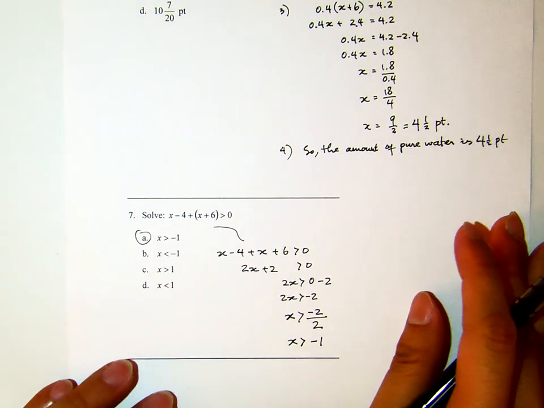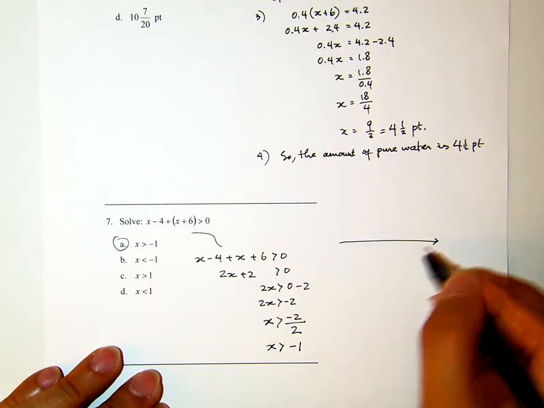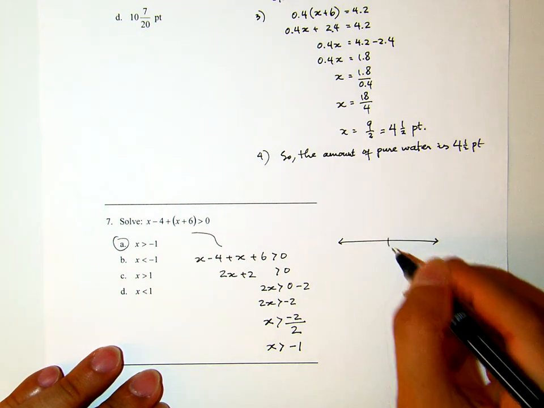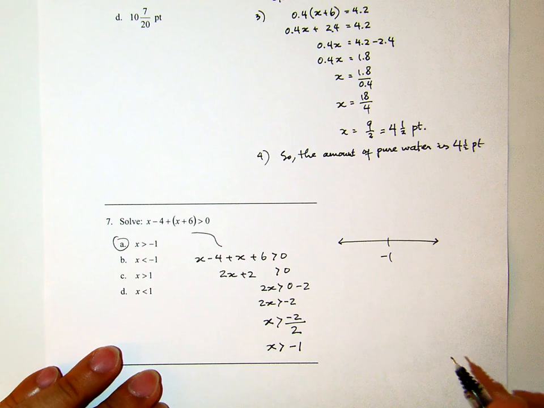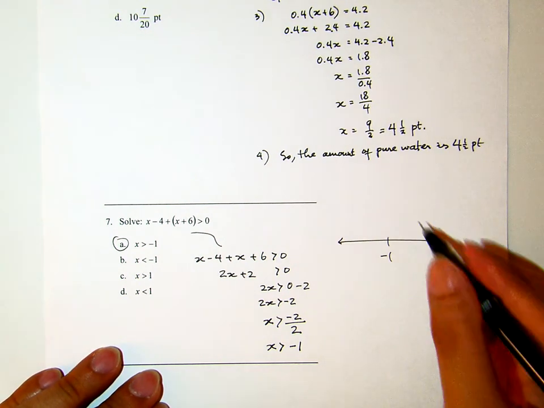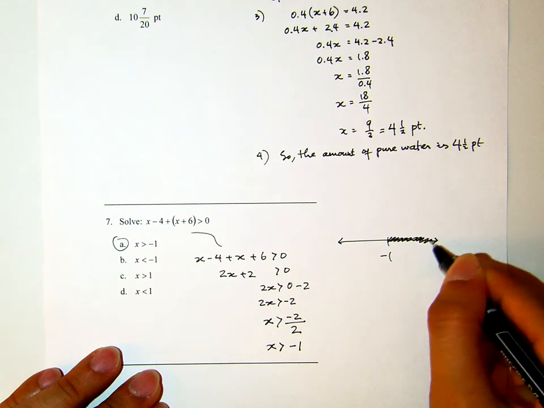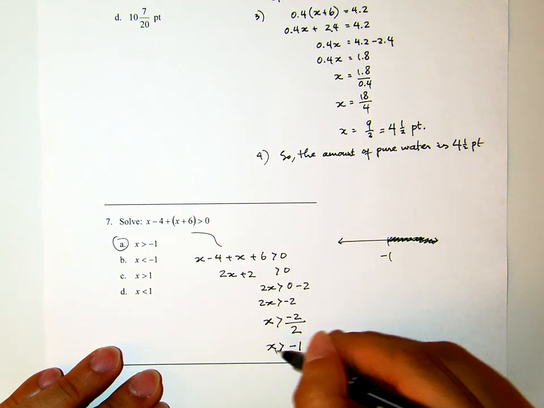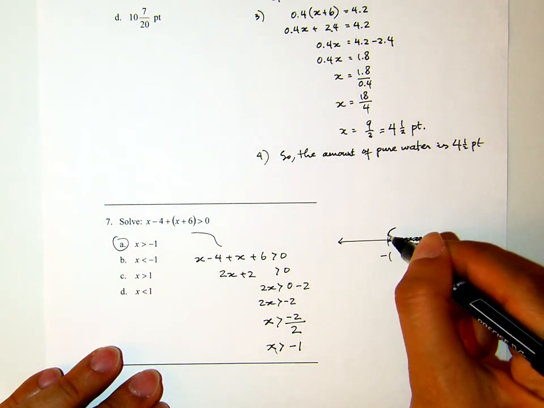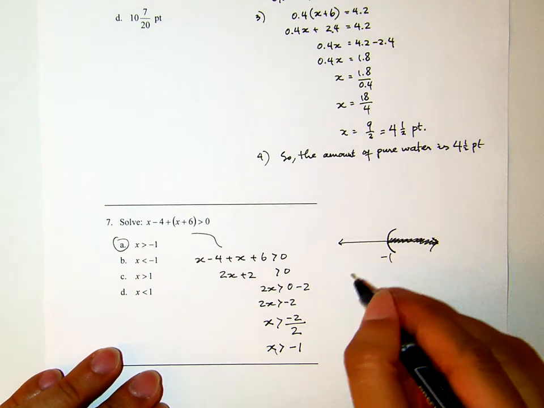Now let's put in more detail. If I need to graph this inequality, let's have negative 1 somewhere here. This x is strictly greater than negative 1. So we will shade the right-hand side of negative 1, and because you don't have an equal sign there, it's strictly greater, you can use a parenthesis opening to the right-hand side.